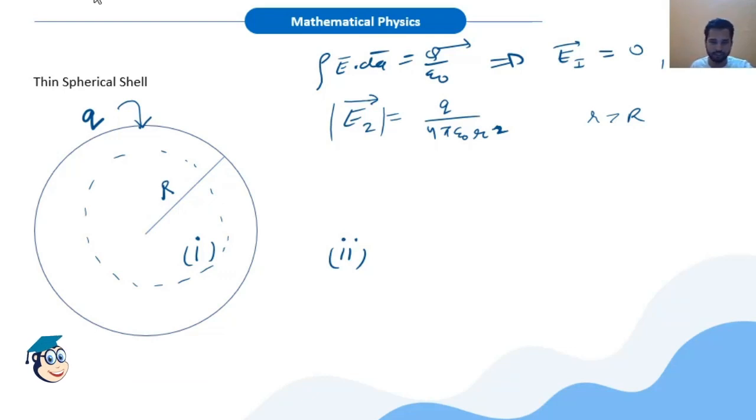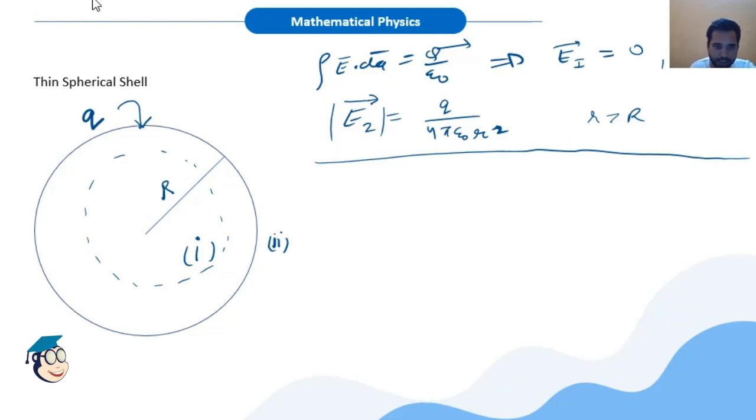So we have to calculate potential in region 1 and region 2. Okay, let me erase this region 2 and I can write this again here. This is region 2. So I am starting my solution having known the electric fields for both the regions. So potential, let's say we draw 2 points.